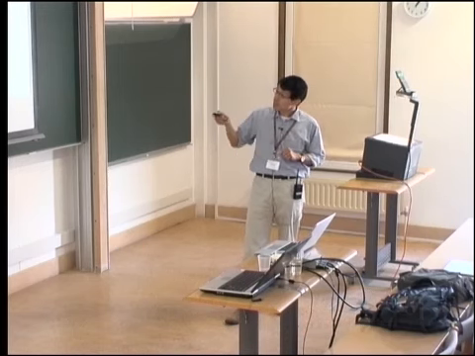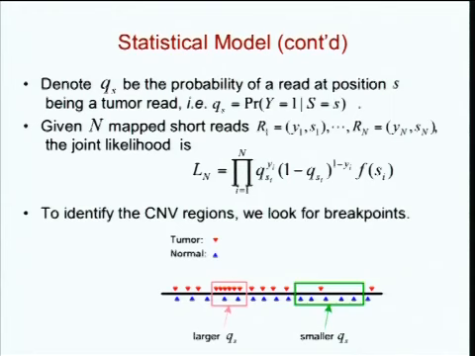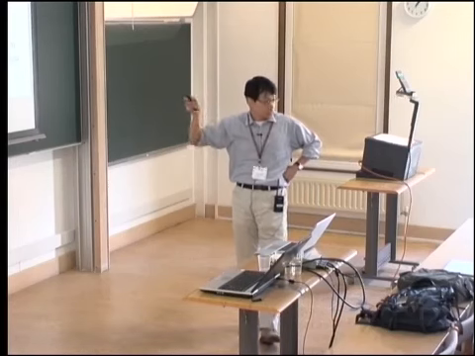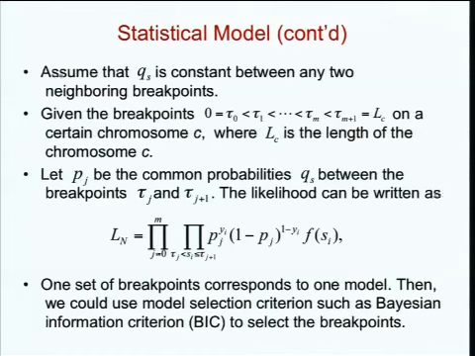To actually have a model, we have to assume some breakpoints. So we're going to modify our likelihood a little bit. We're going to assume that we have breakpoints, tau 0 to tau n+1, on some chromosome. And we assume that this Q of S, the probability that the read is from the tumor sample at that position, is constant between breakpoints.